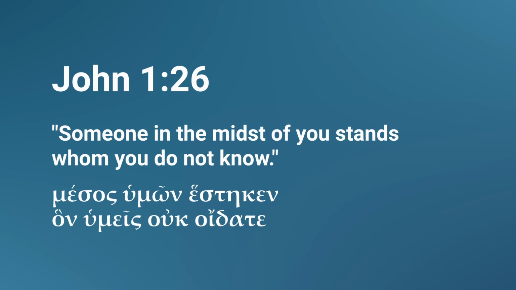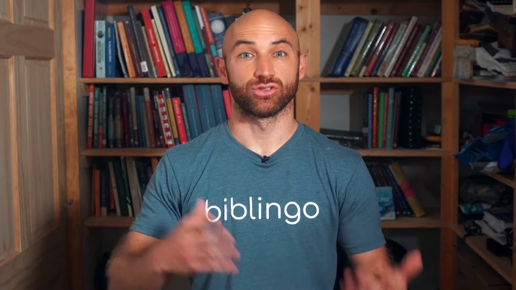The verbs hesteken, stand, and oidate, know, are both present statives. Campbell rightly points out that this is a case where the data does not seem to fit the description of a past action with ongoing consequences. On the surface, it is difficult to see how there is a past action here, because there is a mismatch between the data and our description.